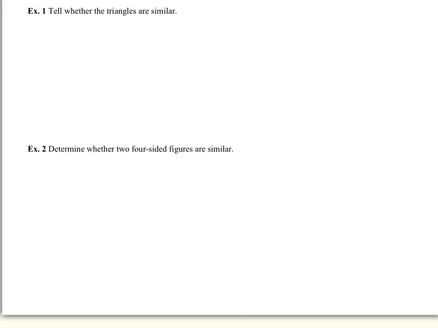So I'm going to draw two triangles in my example 1 spot. Okay, so I have two triangles and I'm going to give you some dimensions. I'm going to say 9, 12, and 6 for this first triangle. The second triangle is 3 by 4 by 2.